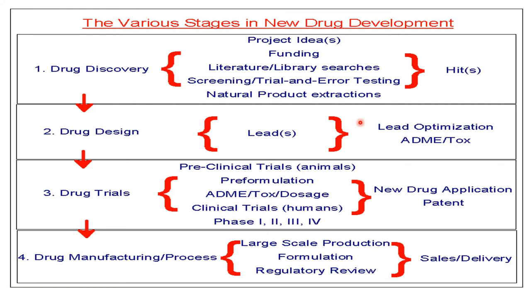So in this drug development, you can see we are provided with the 4 steps, that is drug discovery, drug design, drug trials, and drug manufacturing process. So in the drug discovery, we can see that it contains the project idea, means how the drug is to be discovered, the funding, that is the amount of financial contribution that you need, the literature surveys or the literature searches for the drug, the screening or the trial or error testing, that is known as the hits, and the natural product extraction.